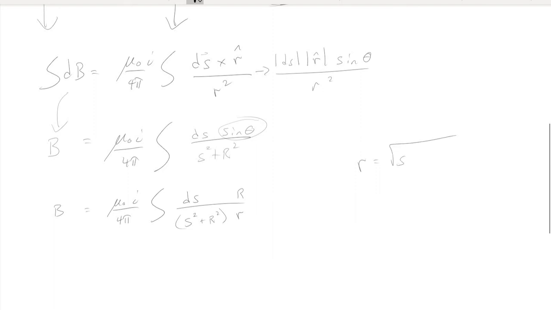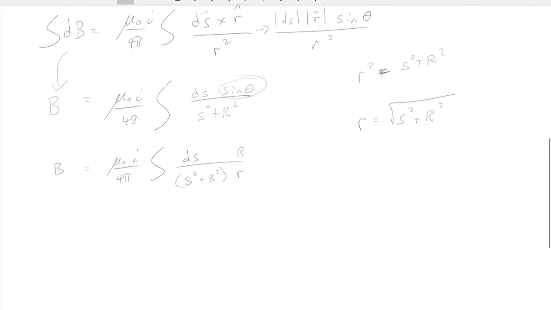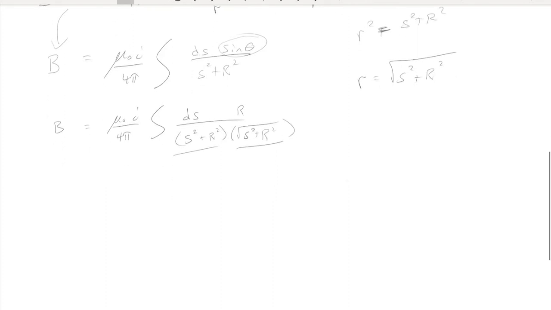But I already know what little r is. We know that r squared is equal to s squared plus big R squared, so just a single r would be root s squared plus R squared. So we'll make that substitution. We have root s squared plus R squared. Those two terms can be combined into a single term.